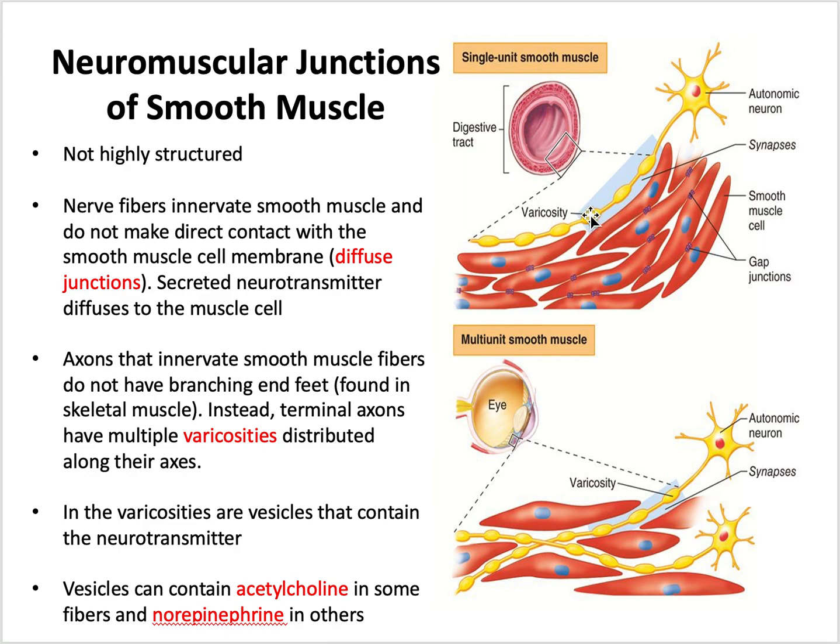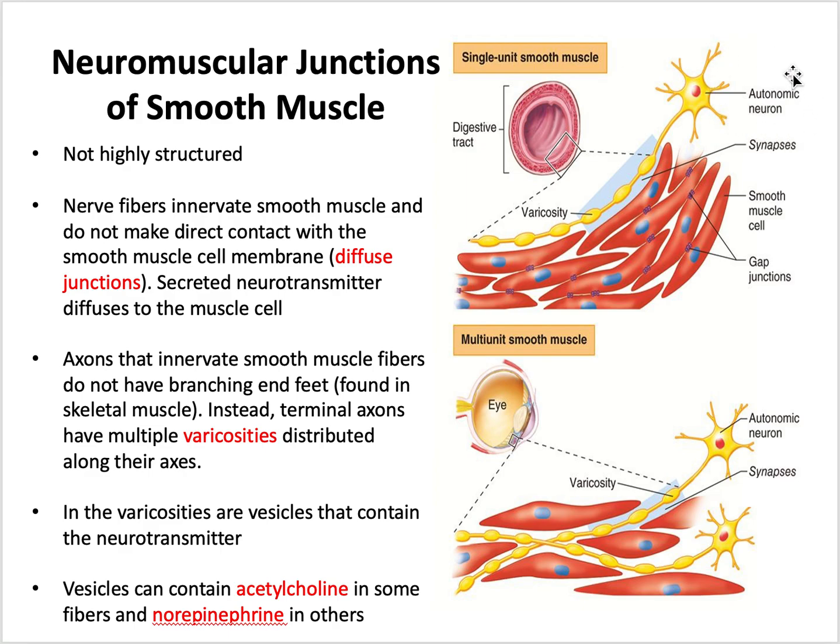And each one of these will have neurotransmitter vesicles present and capable of releasing neurotransmitter that can then diffuse across the extracellular fluid and go affect receptors on the smooth muscle cells. Okay, so it looks a little different, but the overall idea is still the same: neurotransmitter gets released by these varicosities.